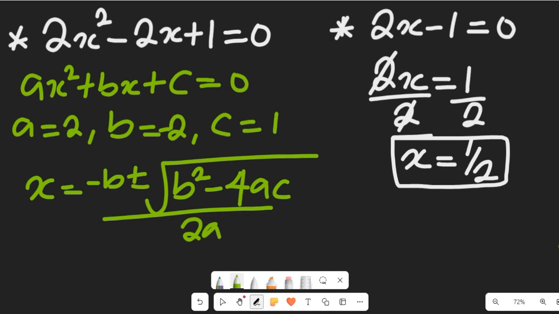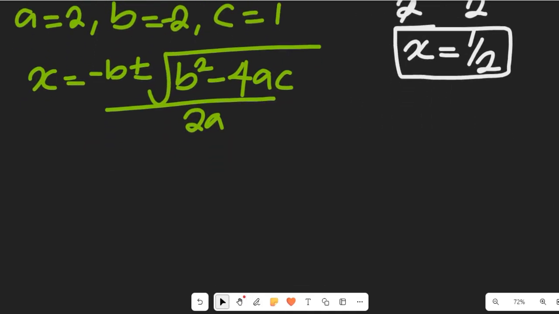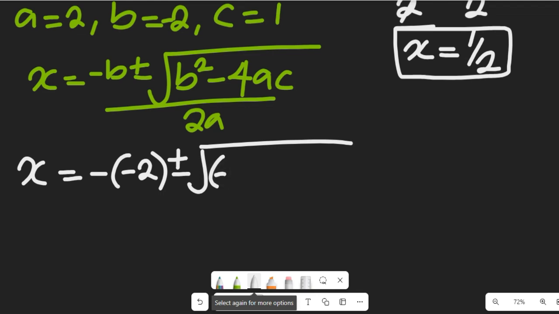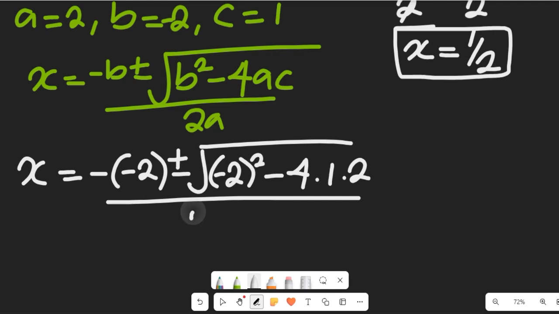So if we simplify that, by substitution, we'll have the value of our x to be equal to negative multiplied by negative 2 plus or minus the square root of negative 2 squared minus 4 multiplied by a, which is 2, and multiplied by c, which is 1, and all these will be divided by 2 multiplied by 2.